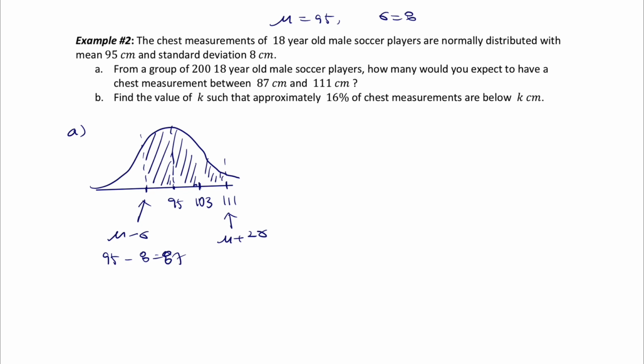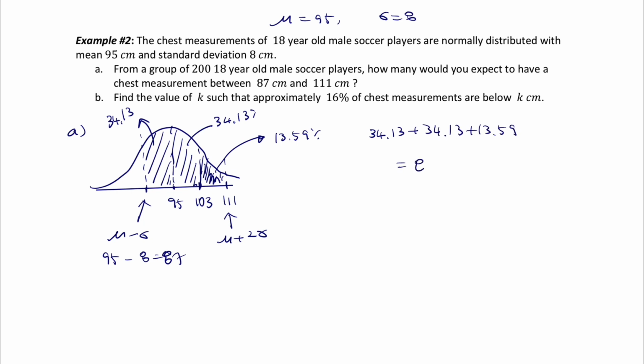So for question A, we know that we need to consider this part, which is 34.13%. Another part, 34.13%. And then the last part here is about 13.59%. So total area under the curve is the same as 34.13 plus 34.13 plus 13.59, so it's about 81.85%. So we have just calculated the area.